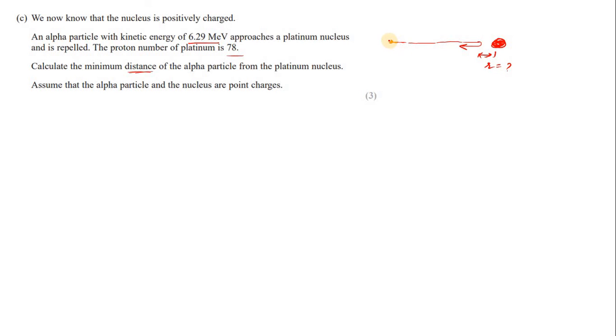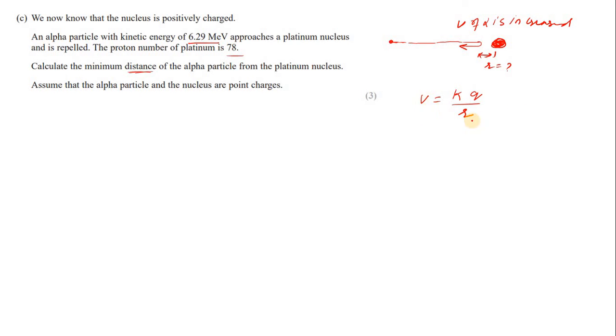Remember, when the alpha particle is coming closer and closer, the potential of alpha is increased as it comes closer. So potential is V = KQ/R.